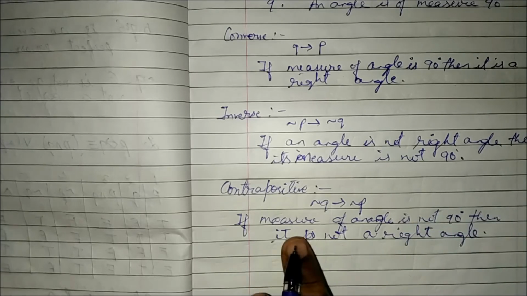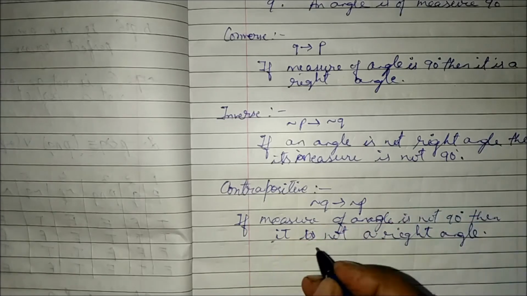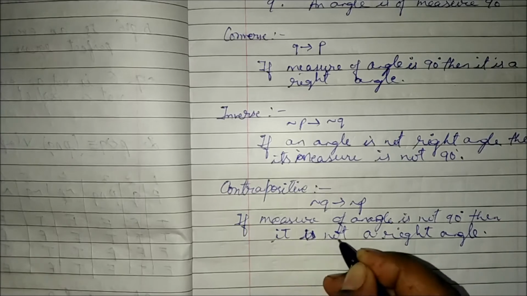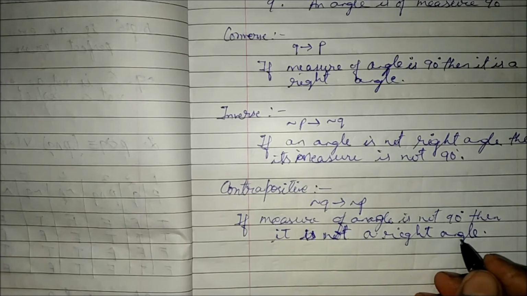Okay, if measure of angle is not 90 degree, then it is not a right angle. Okay, understood?